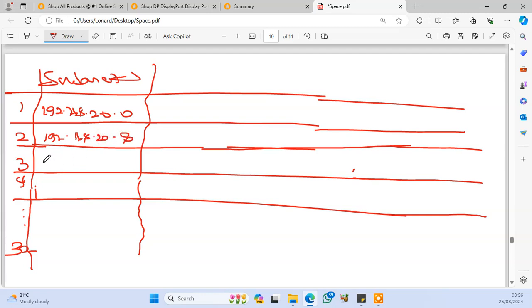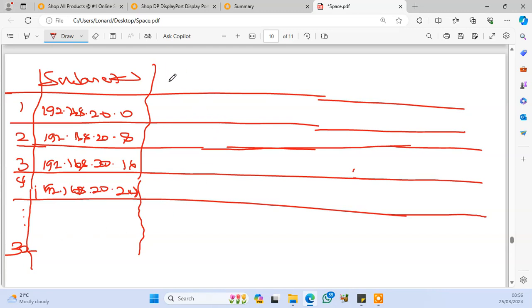Add 8 again here: 192.168.20.16. Again, 192.168.20.24. So please continue up to the 32nd subnet.